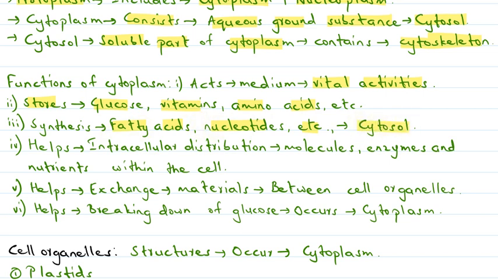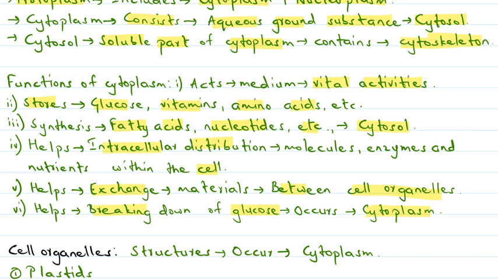It also helps in intracellular distribution of molecules, enzymes and nutrients, and in exchange of materials between the cell organelles. Cytoplasm is also the site where the breakdown of glucose occurs.